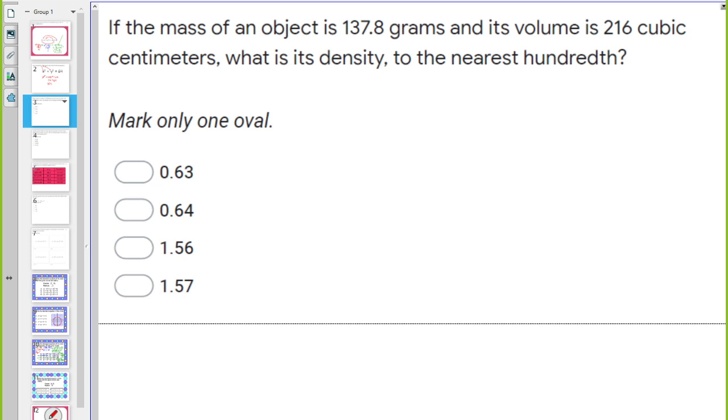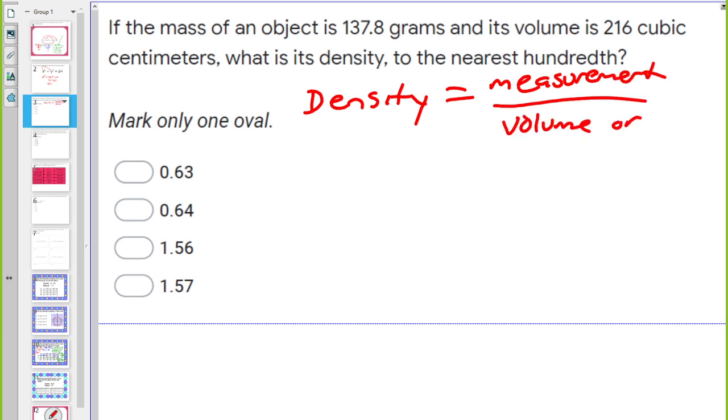The mass of an object is 137.8. It gives you the volume of it. What is the density to the nearest hundredth? Okay, remember that density on the very first page that we went over said that it's some type of measurement over either volume or area. This is measuring mass and volume.